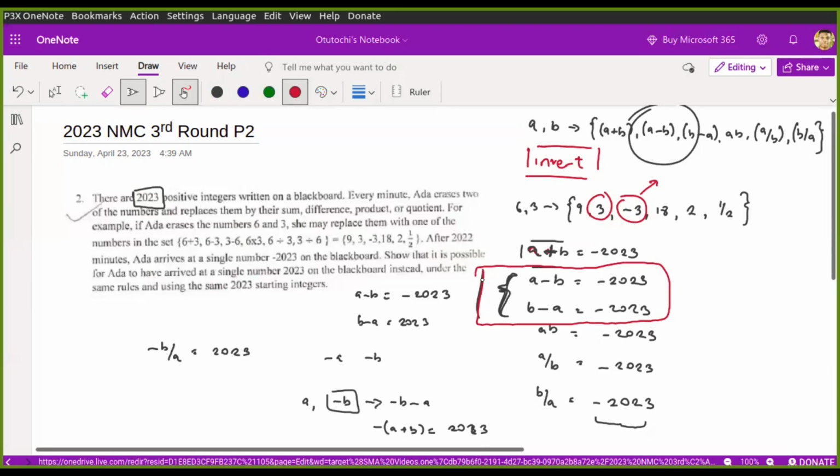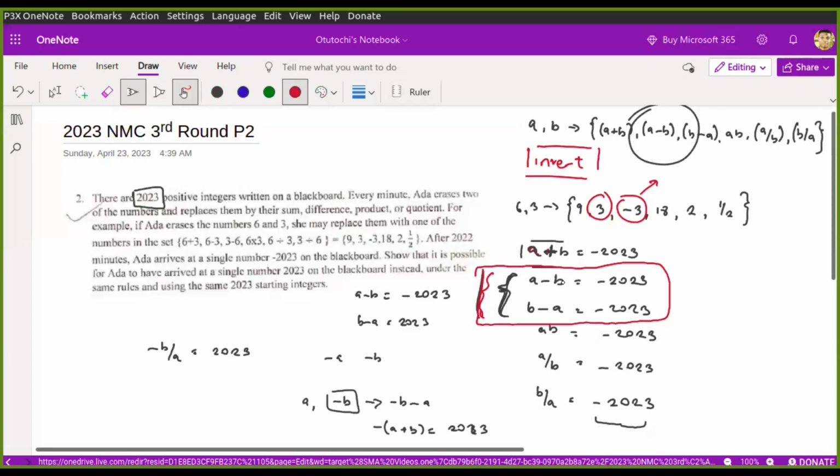But if we are certain that one of these was involved, then we know that we don't need to keep going back infinitely. At some point, we just need to take the opposite: if it's A minus B, we'll just take B minus A, and that will invert it first, and we'll just keep going forward from there. Since minus 2023 is a negative number, one of these definitely has to be involved, because we started with positive integers in the first place. A positive integer plus a positive integer will definitely give us a positive integer.